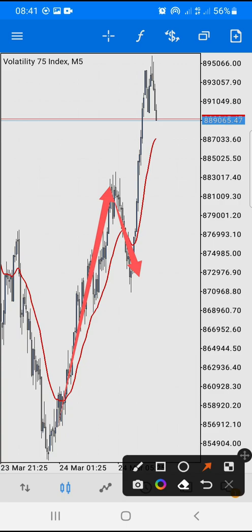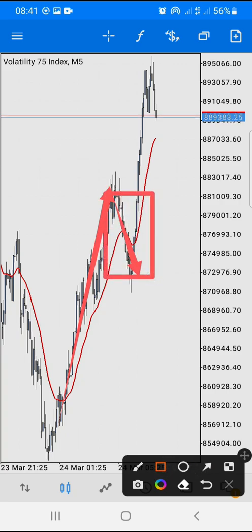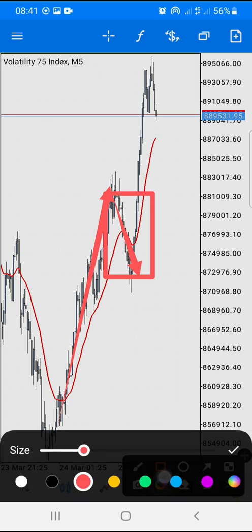A correction is where it just goes up and down and doesn't make much sense. A correction phase can be called a consolidation or whatsoever. It's just a pullback, just a correction phase, right? When it's done correcting in this phase over here, let me change the color.